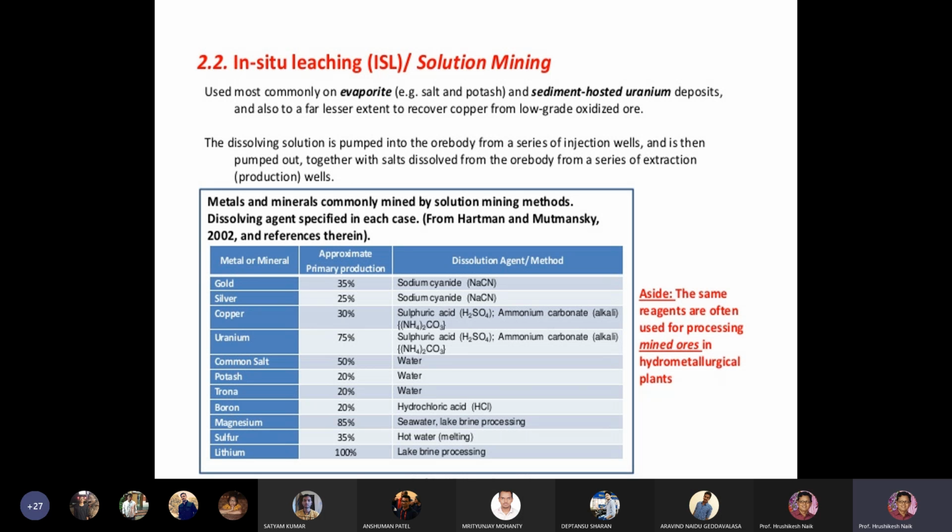Salt is an evaporite, and potash is also an evaporite type of mineral. So for these types of minerals, solution mining is carried out. And sediment-hosted uranium deposits can also be mined by in situ leaching or solution mining methods.